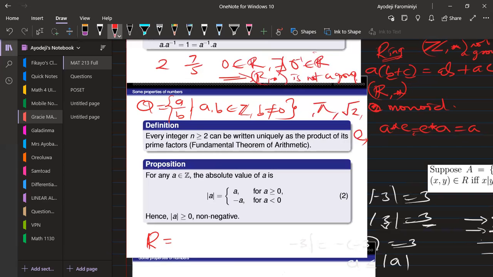They are real numbers, but they are not rational numbers. Root 2 is a real number, but it is not a rational number. Root 7, root 5. Okay? Do you understand?